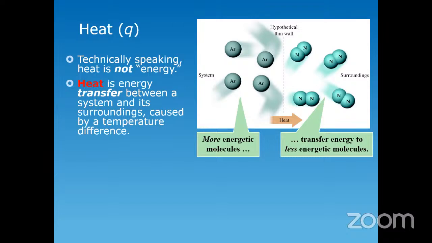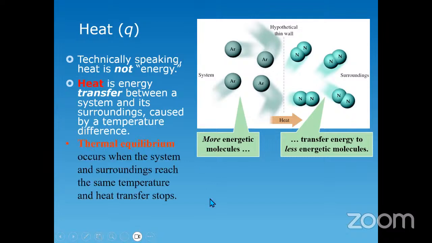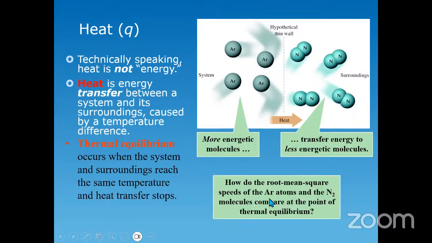So that energy flow we call heat energy, all right? So as stated here, it is the energy transfer between a system and its surroundings caused by a temperature difference, right? And this heat flow will continue until you end up with a situation where the temperature of the system and the surroundings reach the same temperature, right? And therefore, at that juncture, the heat transfer stops.